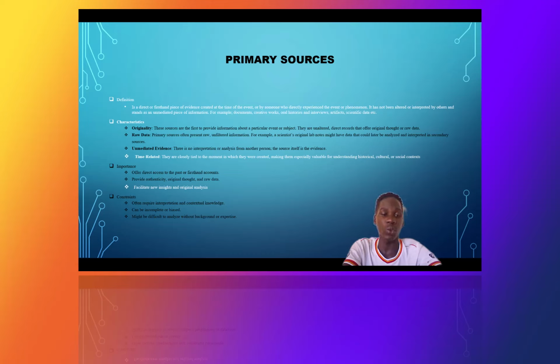We come to constraints. Constraints here I mean the disadvantages or the bad part of it. Here I mean they often require interpretation and contextual knowledge. For example, if they're telling you old stories or any theory, you always need to interpret it carefully, and contextual knowledge must apply when you're interpreting this information. Then you have can be incomplete or biased.